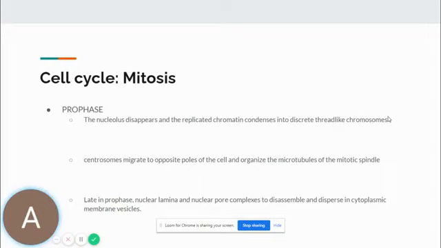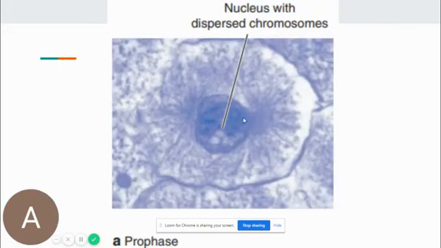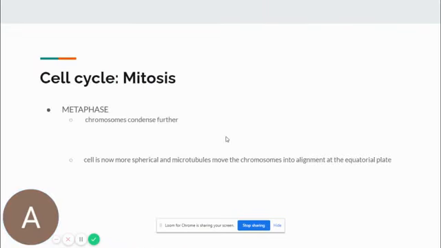Later in prophase, the nuclear lamina and nuclear pores disassemble and disperse into cytoplasmic membrane vesicles. So they are distributed, making sure that both daughter cells have them. This is how it looks on light microscopy, the nucleus with dispersed chromosomes.